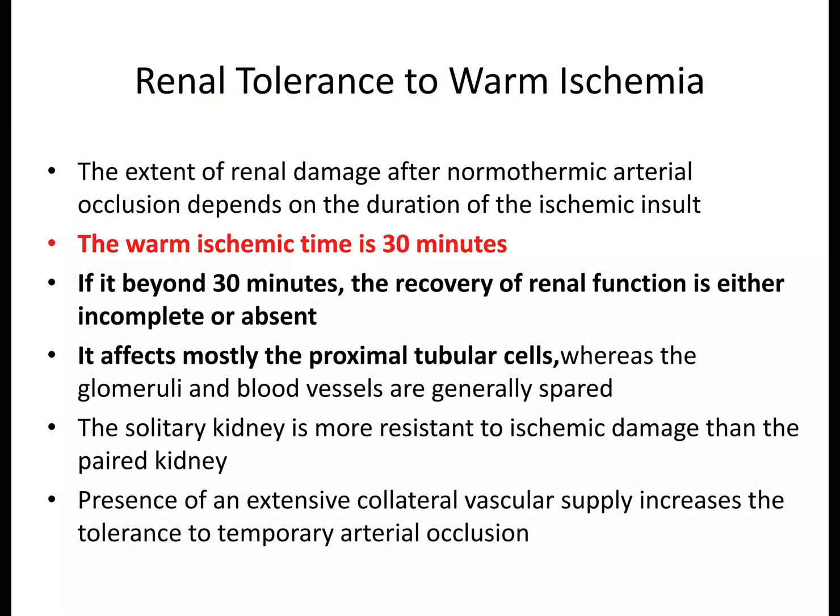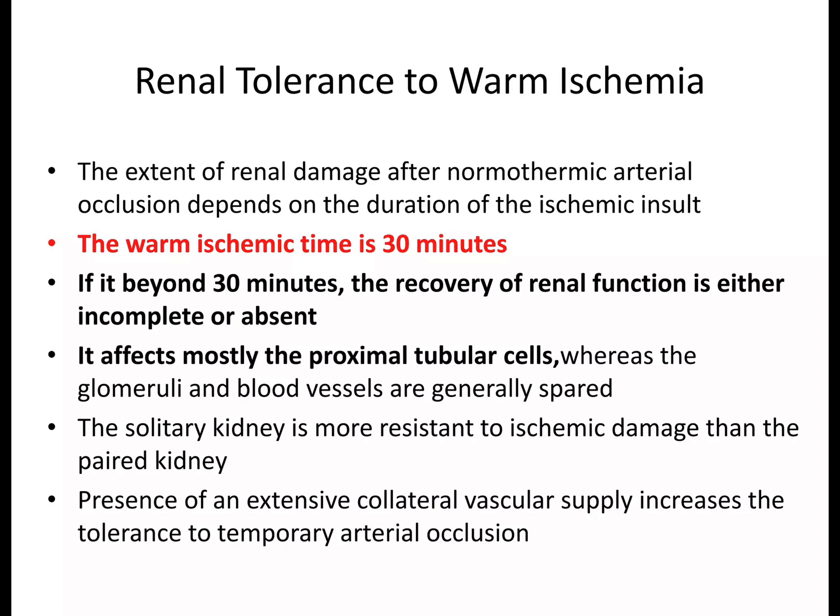And we know that this ischemia affects the proximal convoluted tubular cells, while the glomeruli and blood vessels are generally spared. It is also important that, compared with the paired kidney, the solitary kidney is more resistant to ischemic damage.